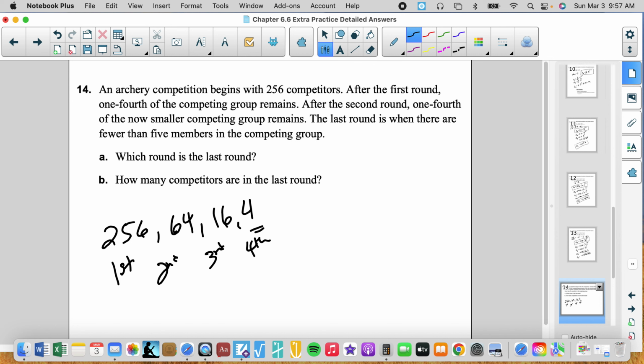Technically the third round. The last round is when there are fewer than 5. All right, so this is the last round, and there are 4. So fourth round. And there are 4 competitors.